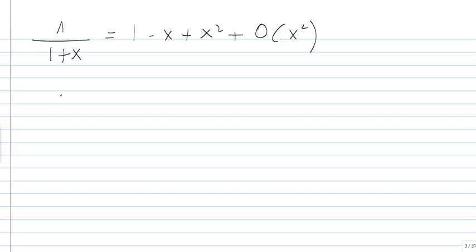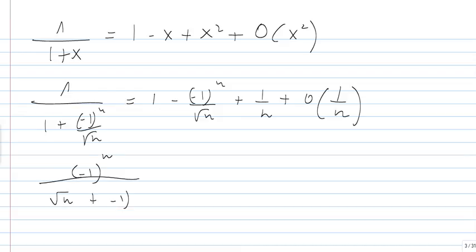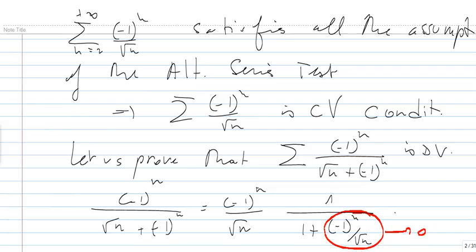So we have 1 over 1 plus minus 1 to the n over square root of n going to be 1 minus minus 1 to the n over square root of n plus 1 over n plus a term of order 1 over n, which gives us that minus 1 to the n over square root of n plus minus 1 to the n is going to be, now we have to multiply by minus 1 to the n over square root of n as we saw before. So we have this term here, okay?